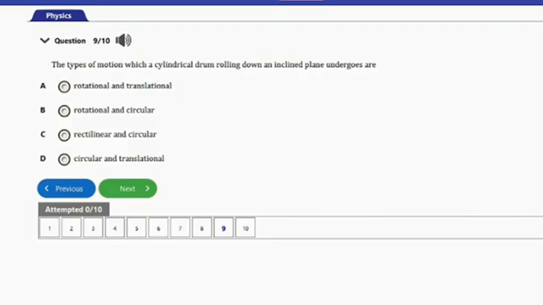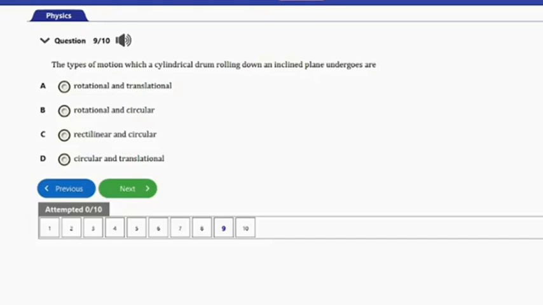So guys, obviously the answer to this question is option A. A drum that is rolling down an inclined plane is undergoing a rotational motion as it rotates and rolls down. Then it's a translational motion because it's being displaced from one point to the other. So that's option A here, rotational and translational.